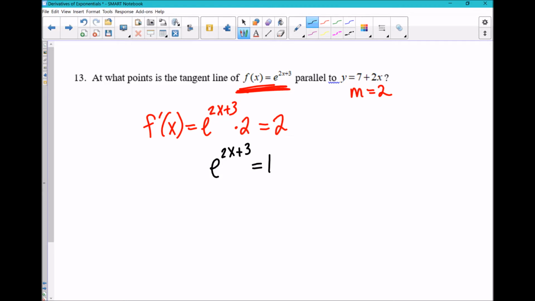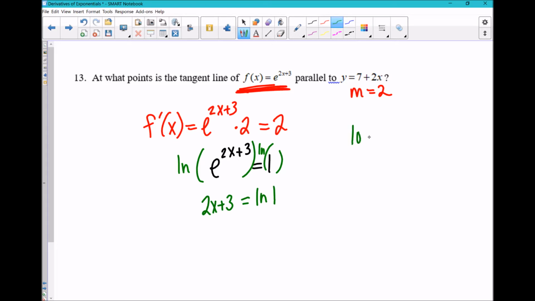Okay. So remember, we're going to change this to the logarithm and take the natural log of both sides. And the reason why that would be awesome is because the natural log has base e, so they would cancel, and the natural log of e would just be 1, and then the exponent 2x plus 3 would just be the answer, and the natural log of 1.